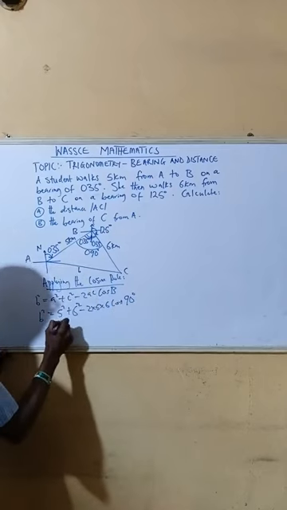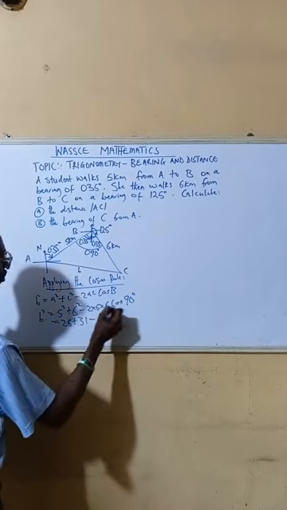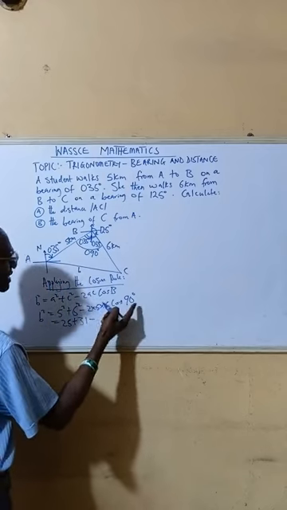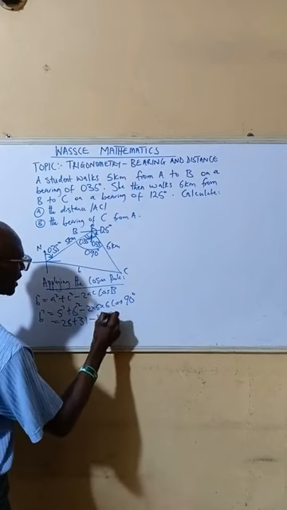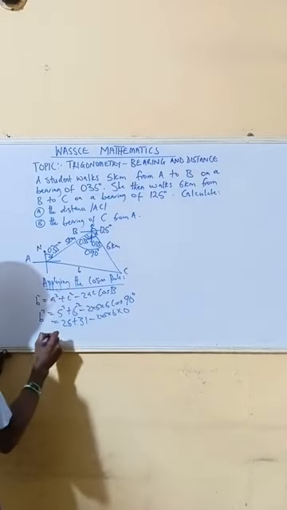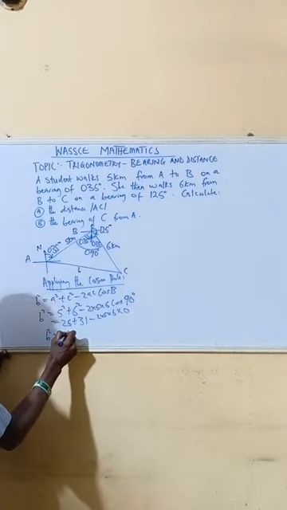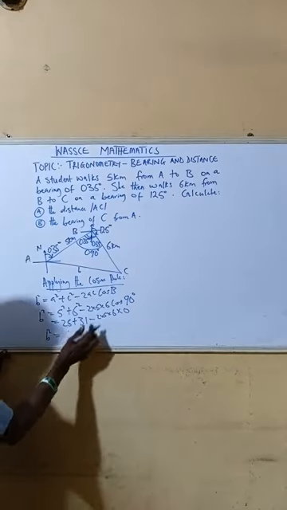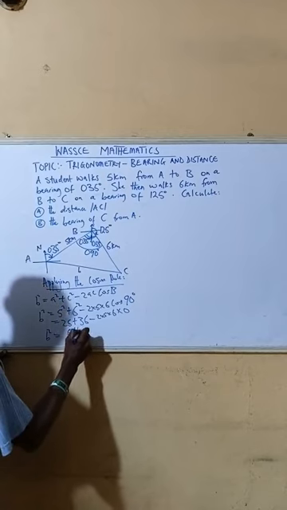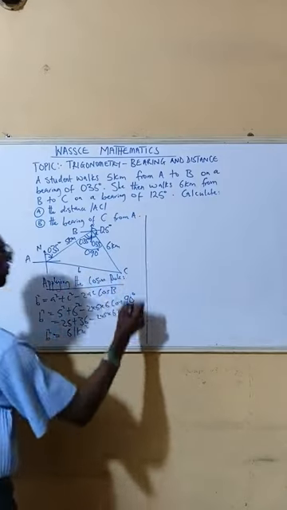When you do this, you get 25 plus 36, minus whatever you have here, which reduces to 0, because cos 90 degrees is 0. So everything here becomes 0, and B squared equals 61 kilometers squared.